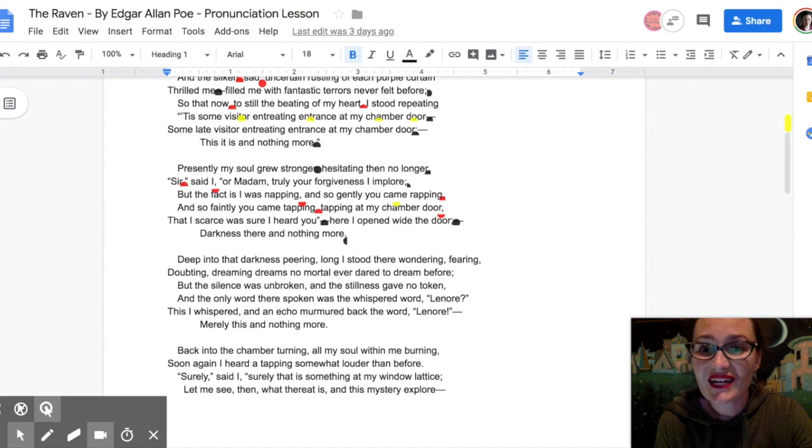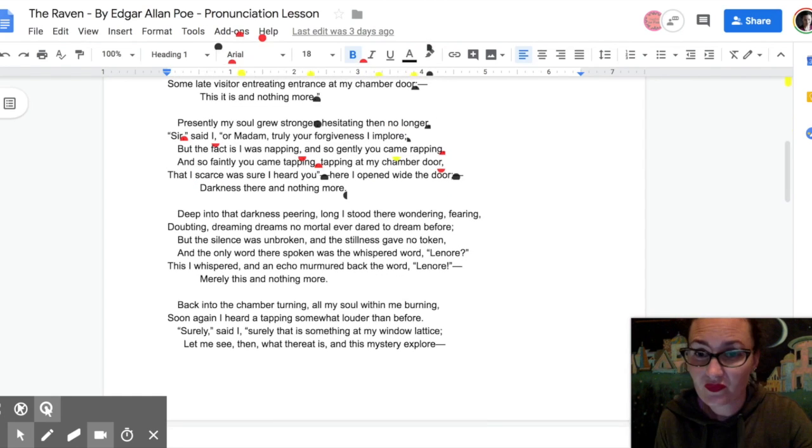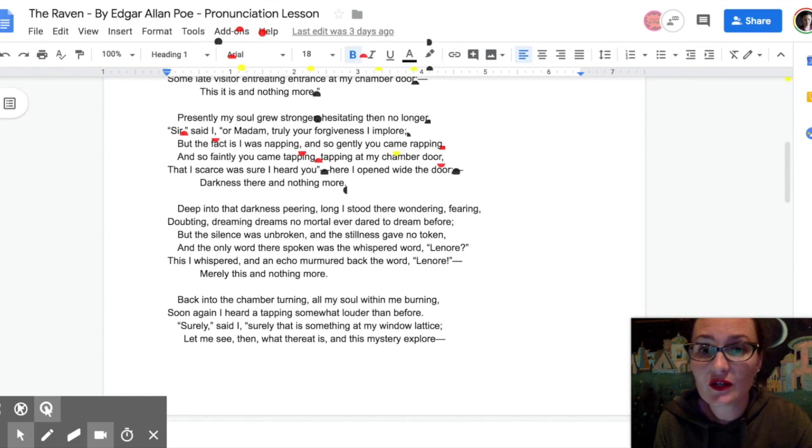The beating of my heart, I stood repeating. I can say repeating or repeating, beating or beating, visitor or visitor, entreating instead of entreating. So you can go through and you'll find these intervocalic T's between vowels.